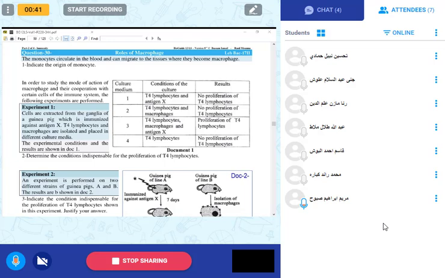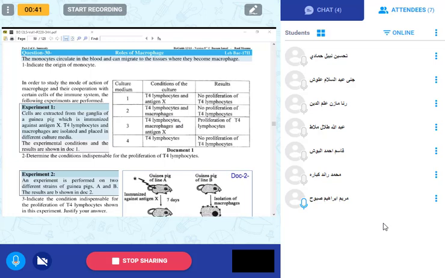No proliferation because there is no antigen. هيدي normal case. Okay, in culture medium 3, T4 lymphocytes, macrophages, and antigen X. Okay, what do we have? Proliferation of T4 lymphocytes. Okay, yes. Very good. Medium 4, T4 lymphocytes, no proliferation.